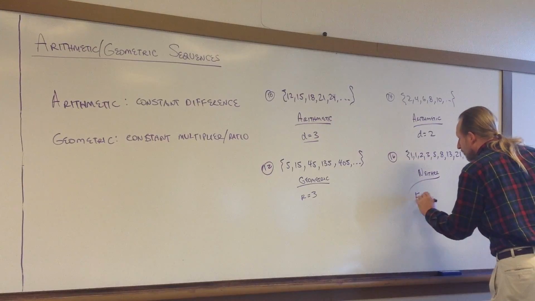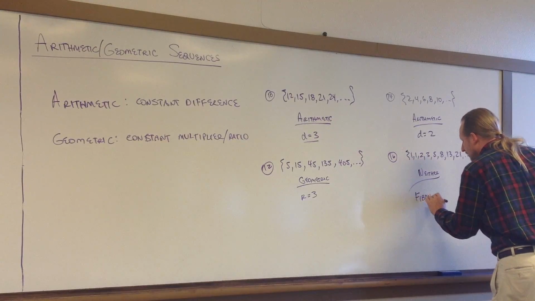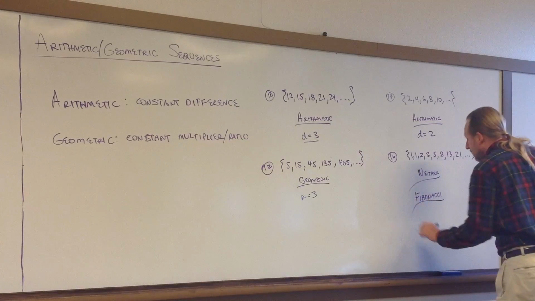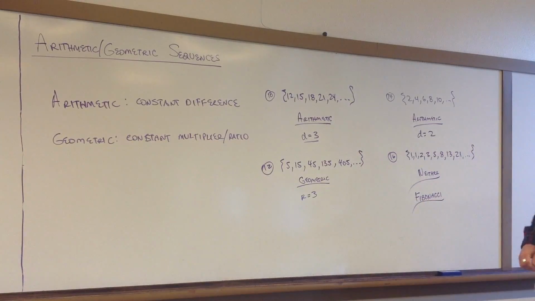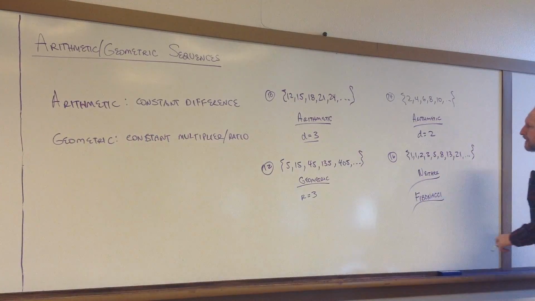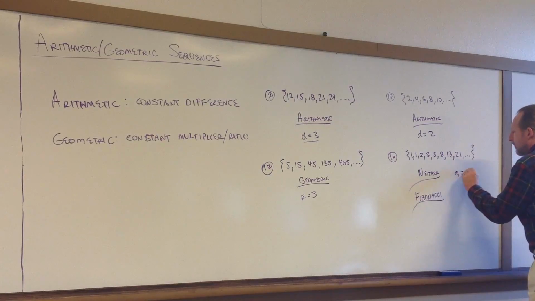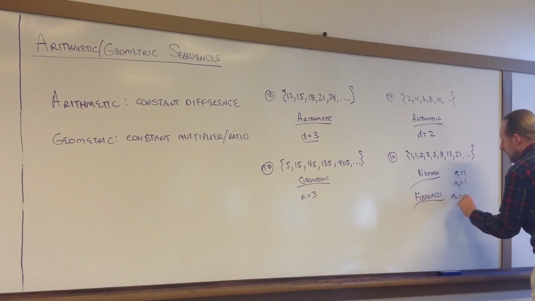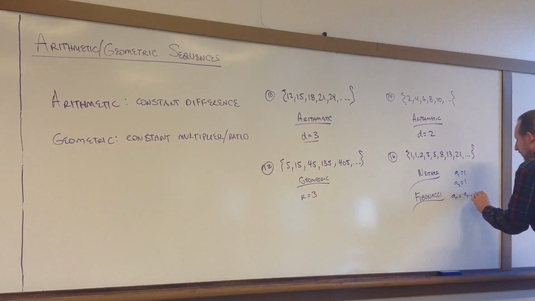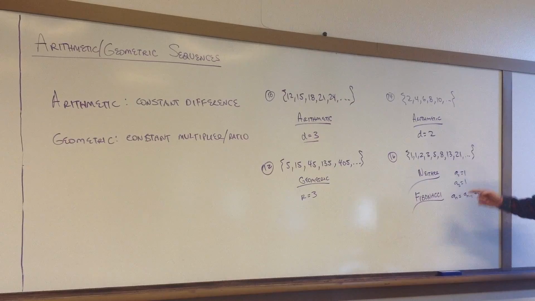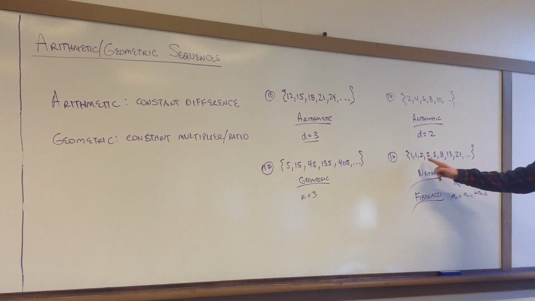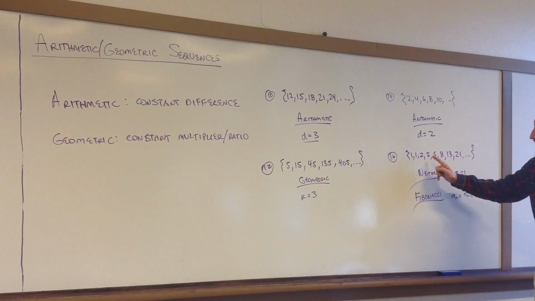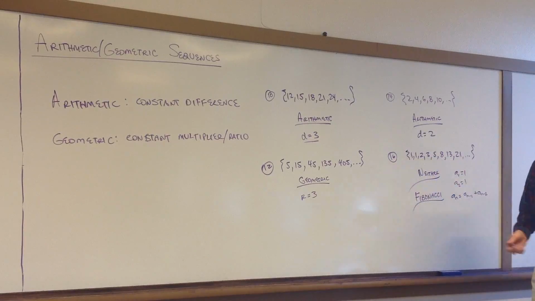But again, this is another one that it's good to be familiar with. This is called the Fibonacci sequence, and it's defined recursively. You say A1 is 1, A2 is also 1, and each term will be the sum of the previous 2 terms. So that's how you get the 2, and then 1 and 2 is 3, 2 and 3 is 5, 3 and 5 is 8, and so on.